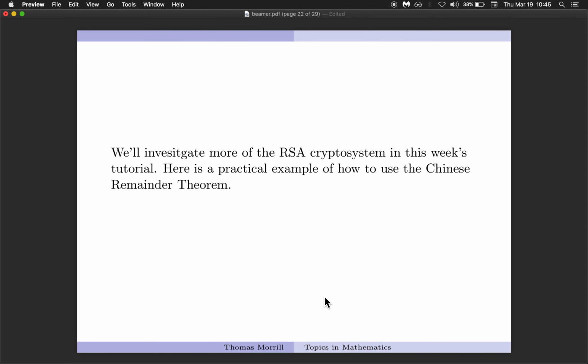So we'll continue to talk about the RSA crypto system in this week's tutorial, and I'll be touching on some of the mathematics in tomorrow's lecture as well. The RSA crypto system is still used to this day. It was originally introduced in the 70s.